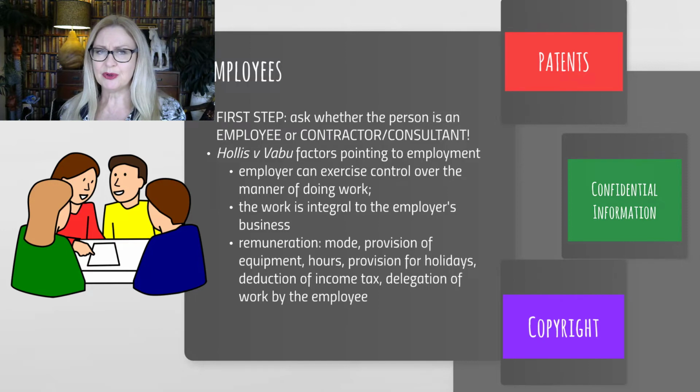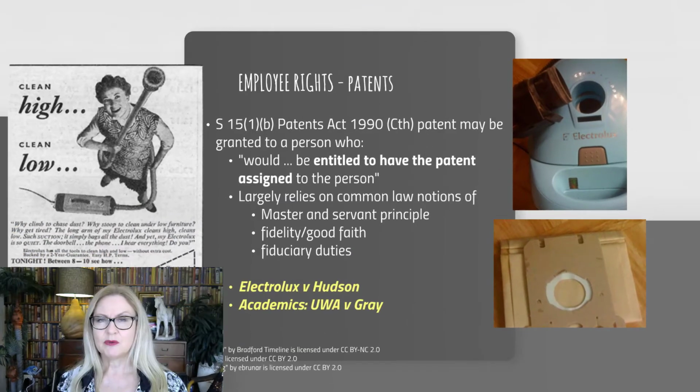The position of employees are treated differently depending on the type of IP right that you are considering the ownership question of. So firstly, let's have a look at patents. Now, while the Act doesn't expressly state the word employees, nevertheless, Section 15(1)(b) does deal with and is generally acknowledged to indicate the position regarding ownership of employees.